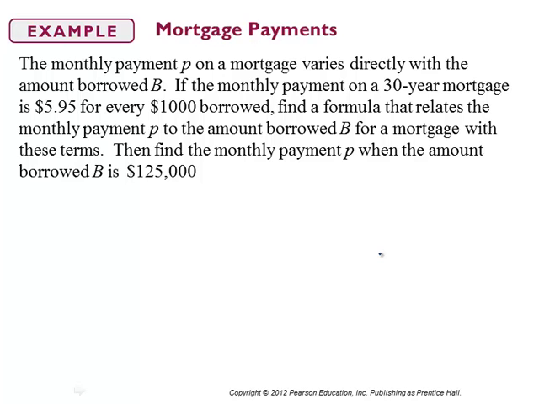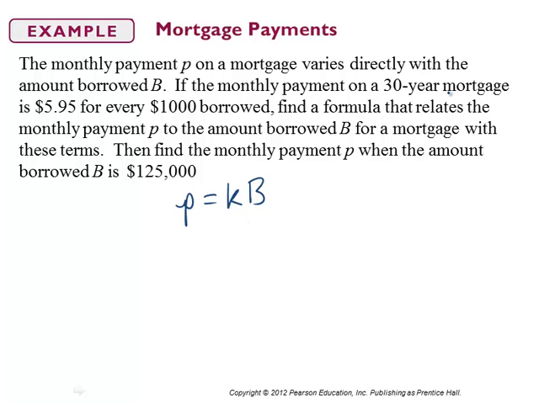Let's see an example of direct variation here. For this example, we have a monthly payment of $P on a mortgage, and that monthly payment varies directly with the amount borrowed B. So that means that P could be written as a constant multiple of B. That's really what that means.